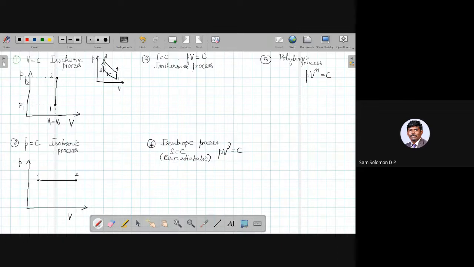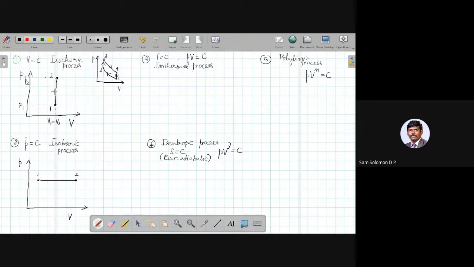So 2 to 3 is constant volume heat addition, which is the combustion process. Once the combustion takes place, that is going to push the piston in the downward direction. So that is the power stroke or the expansion stroke. And then you have the constant volume heat rejection 4 to 1, and after that you have the exhaust. So this is a typical Otto cycle.